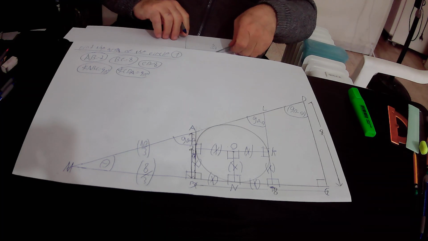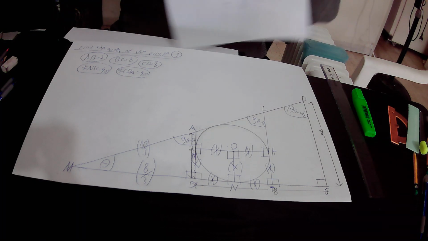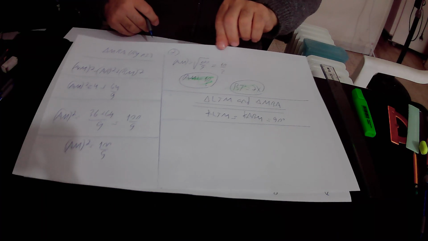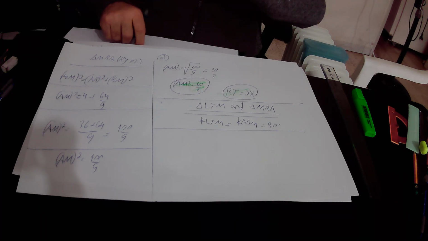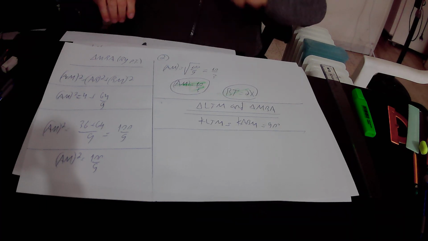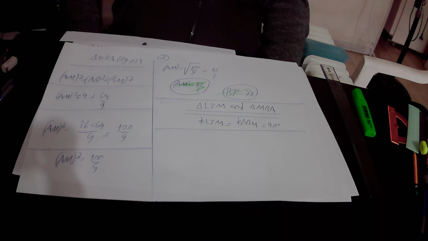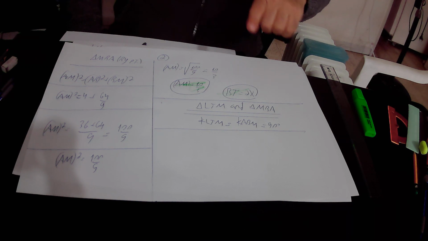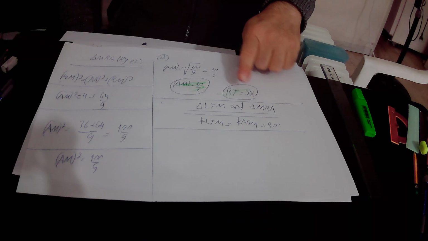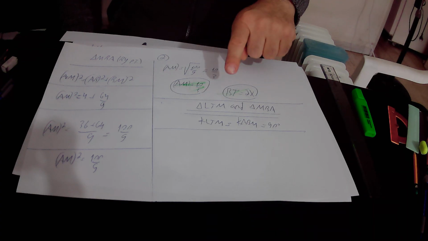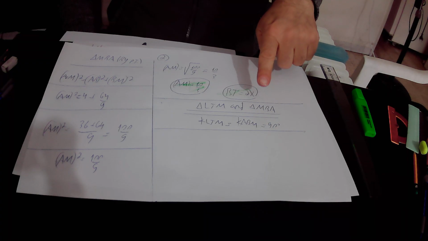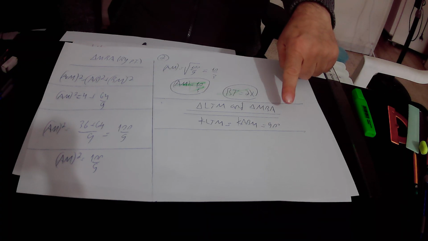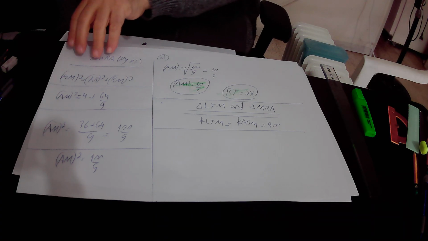Repeat again. Angle LTM in the middle triangle LTM equals angle ABM in the right small triangle MBA. They are both equal to 90 degrees, therefore they are equal to each other.